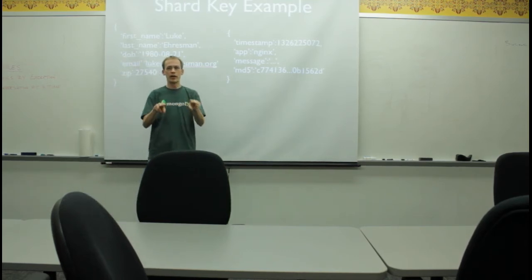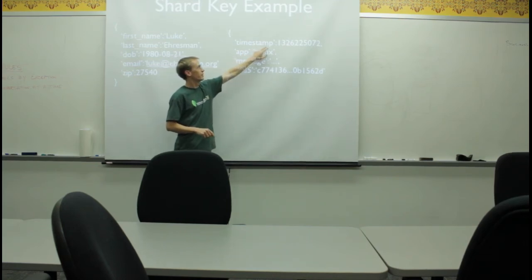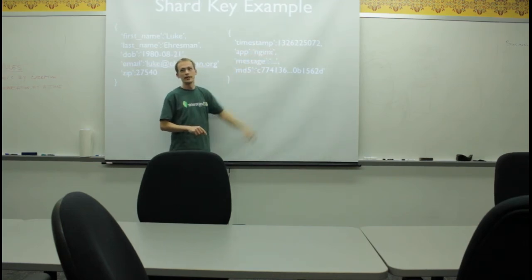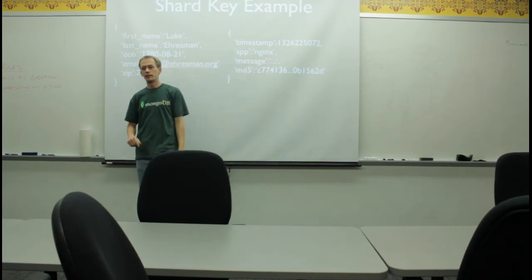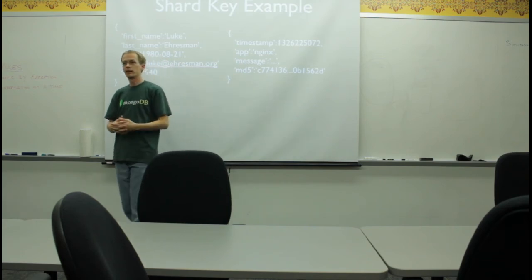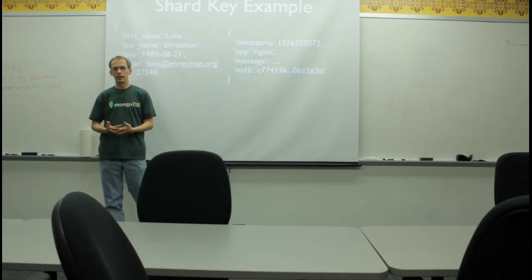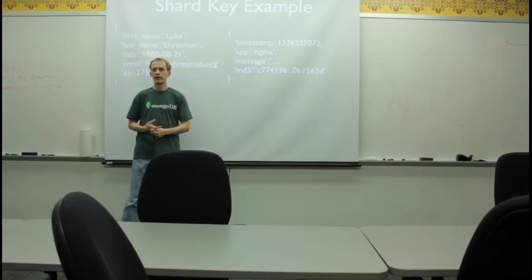We're going to have 2 hotspots that we're writing to at that point. One for Nginx and the right now timestamp for that, and one for our other application and the right now timestamp for that. If your cardinality on this is large enough, it might not matter. Like if you have 20 applications, you could probably get away with doing that.